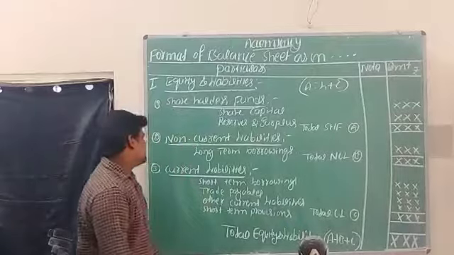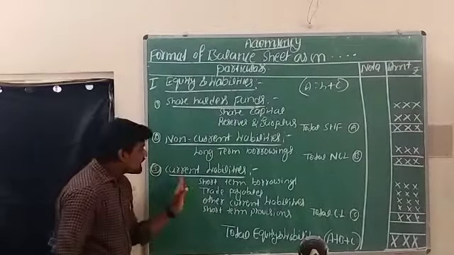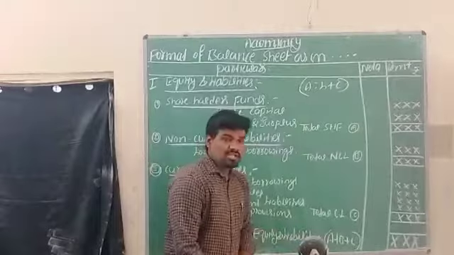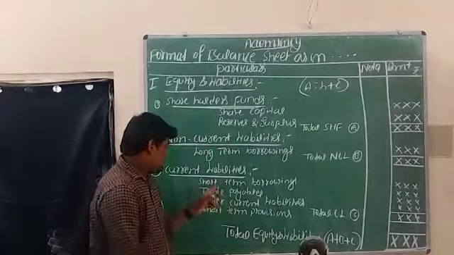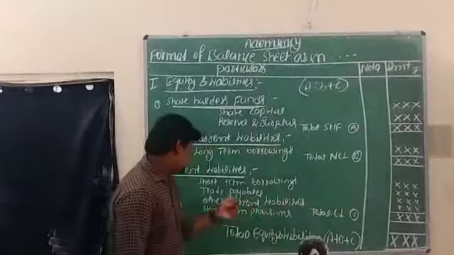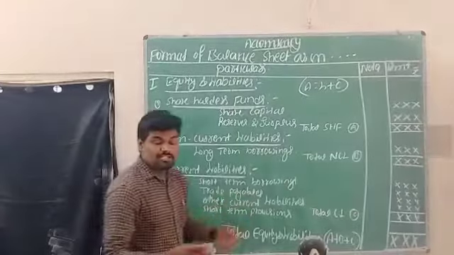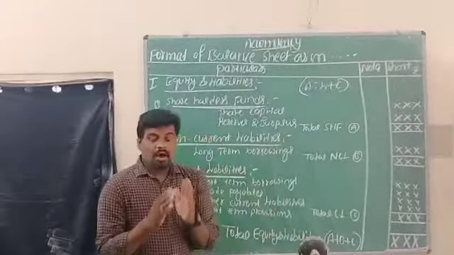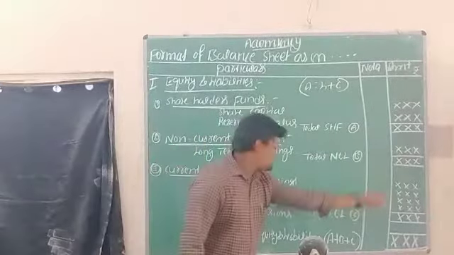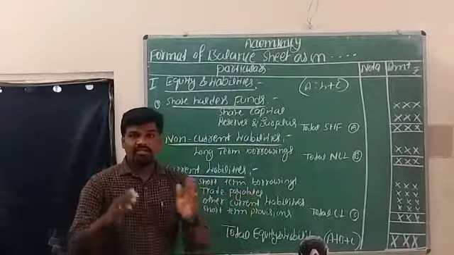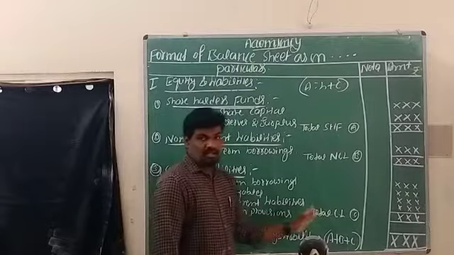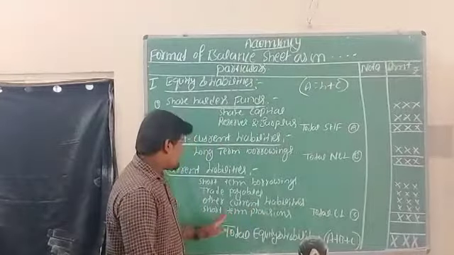The next heading, the third one, is current liabilities. Current liabilities are those that will be settled within a 12-month period. First, short-term borrowings, XX values. Second, trade payables. Trade payables means nothing but bills payable or accounts payable. This is also a current liability. Trade payables also include creditors. The next one is other current liabilities, as well as short-term provisions.